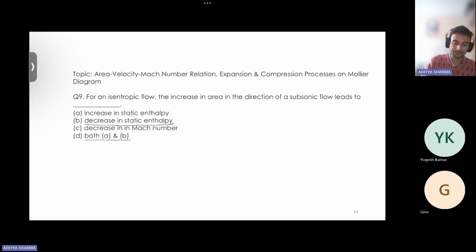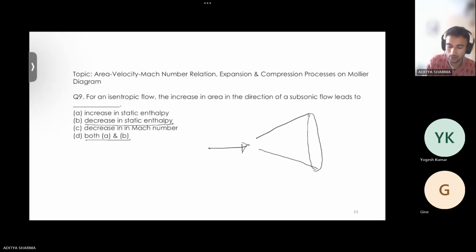So the case is, we have this flow, subsonic flow. The area has increased here, right? If the flow is from left to right, the area has increased here.